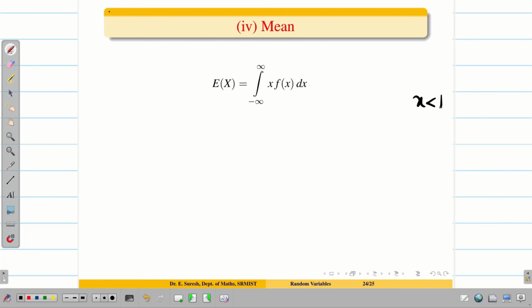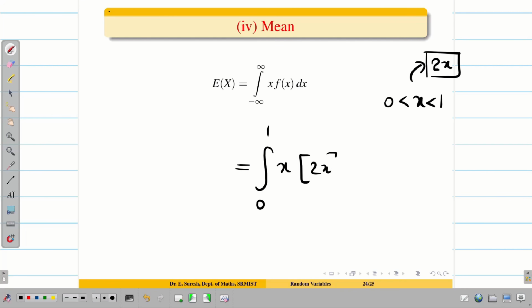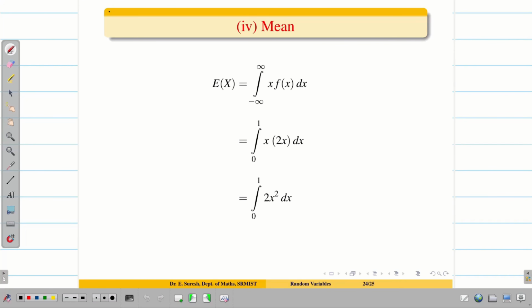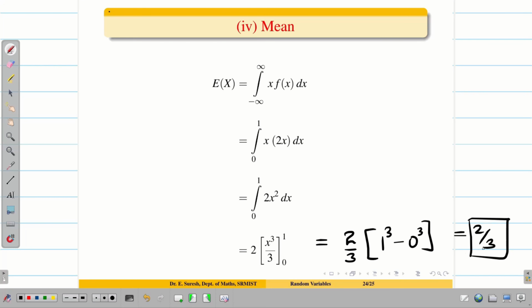And x lies between 0 to 1, where the function is 2x and in all the remaining places it is 0. Therefore, I can rewrite this as integral 0 to 1 of x into 2x dx. Integrating 2x square dx, we get x cube by 3. So 2/3, upper limit 1 cube and the lower limit is 0 cube. So the answer is simply 2/3.